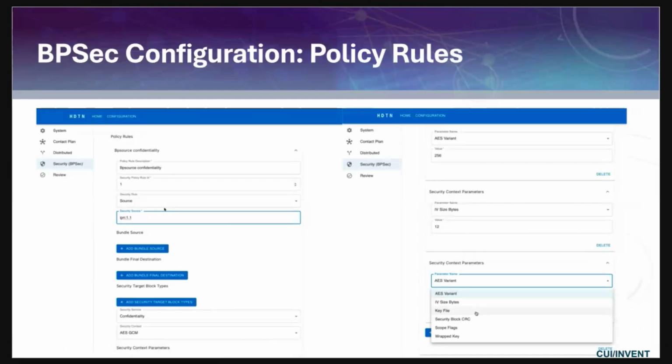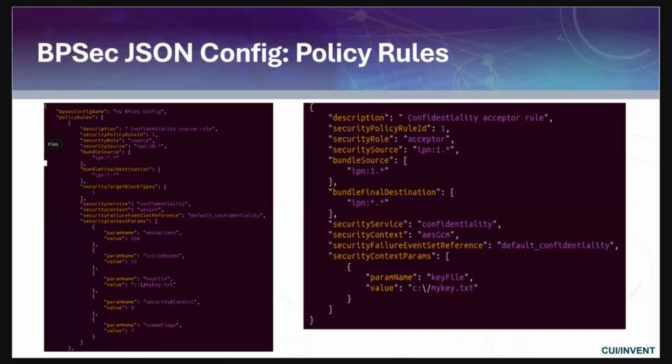So, for example, in this case, if we want to add security for all bundles going to a certain destination or coming from a certain source. And these generate JSON config files on the backend.